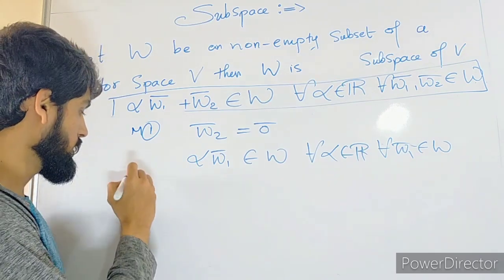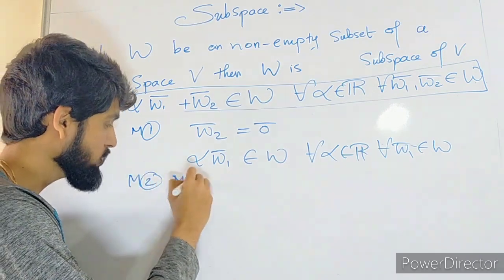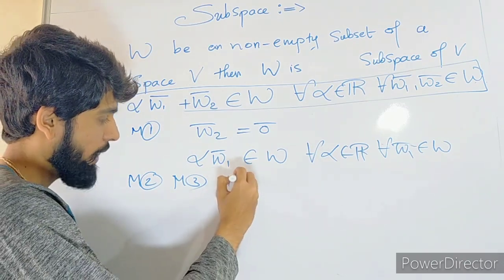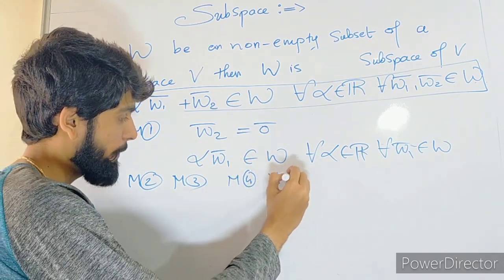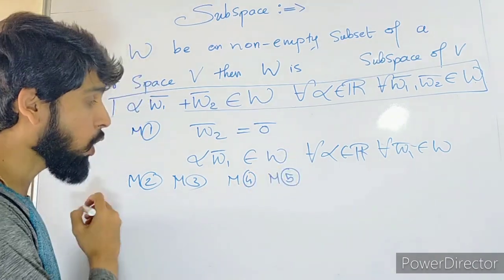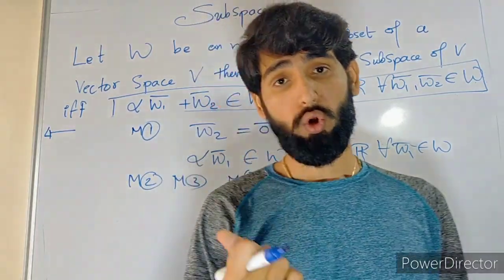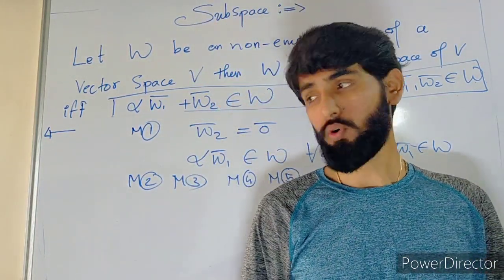You can observe that M2, M3, M4 or even M5, all those four conditions will get inherited from V. What was M2?